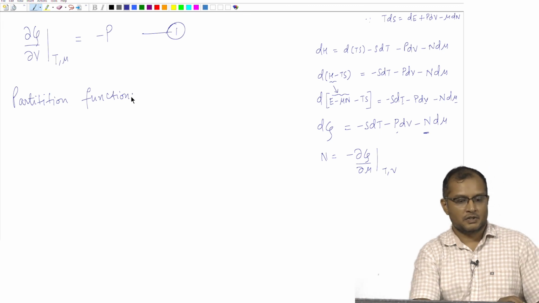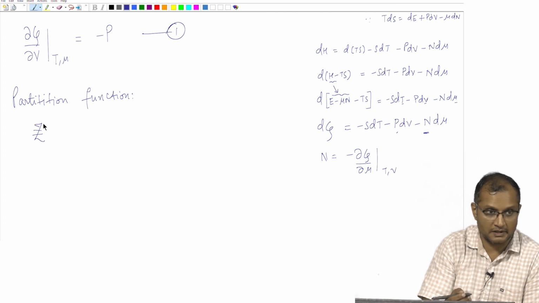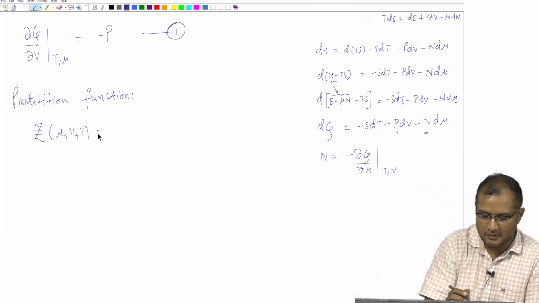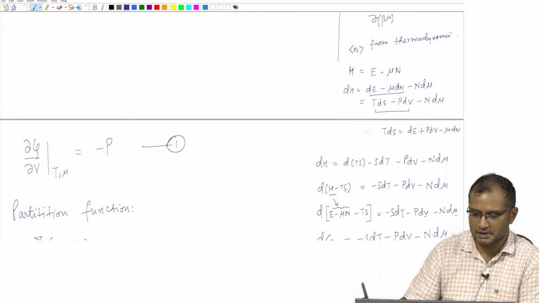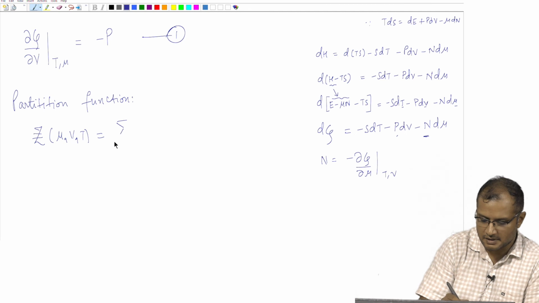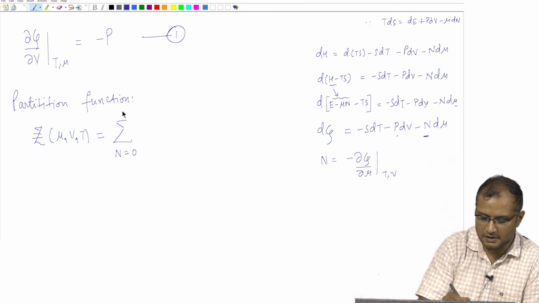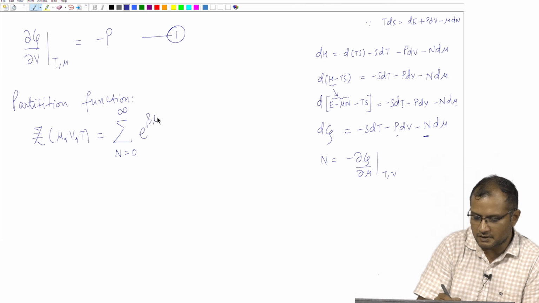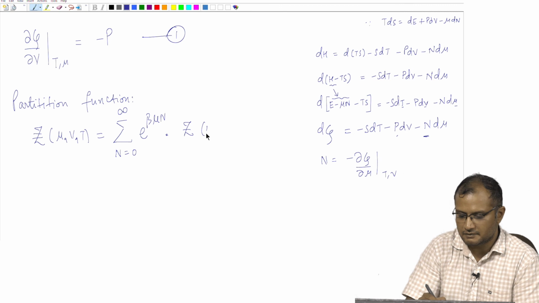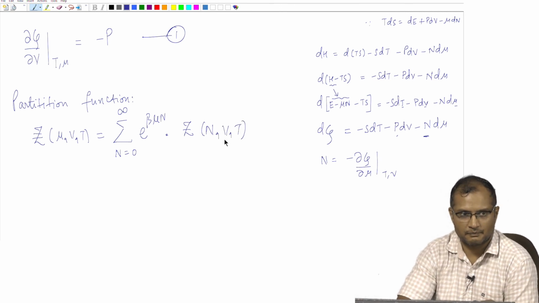Okay. So, for an ideal gas, the grand partition function, if you look at the expression, if you recall upstairs, it is nothing but the sum over n going from 0 to infinity of e raised to beta mu n into the canonical partition function, something that we have derived just now.